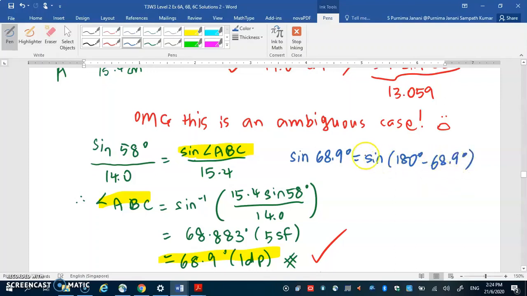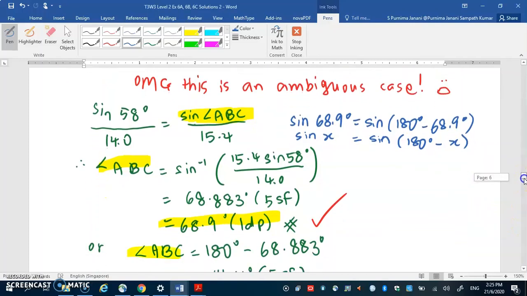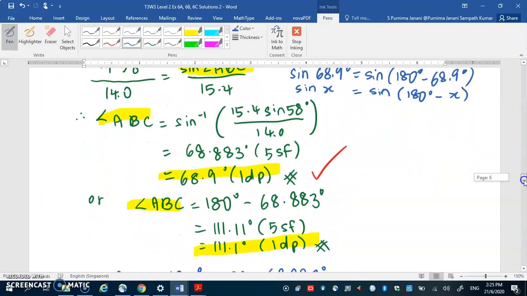Okay, because I've already learned that sine x gives me the same value as sine 180 minus x. Hence I must find the other angle as well, which is 180 minus 68.9. But of course I use the 5 SF for working. I find that the other possibility of ABC could be 180 minus 68.883, which is 111.1. Okay, and this will also work.